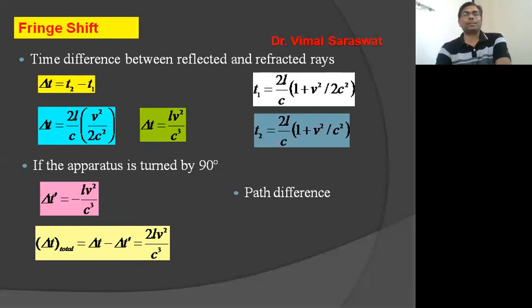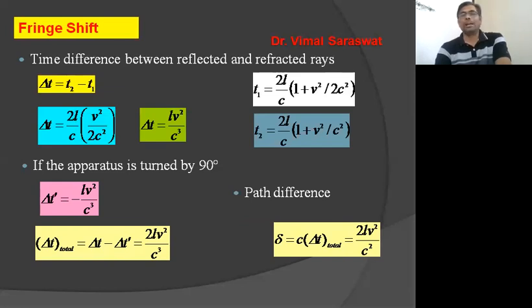Now path difference will be velocity into time difference. So path difference is equal to c into total time difference, equal to twice Lv² upon c³ into 1 upon c... so this will be twice Lv² upon c².